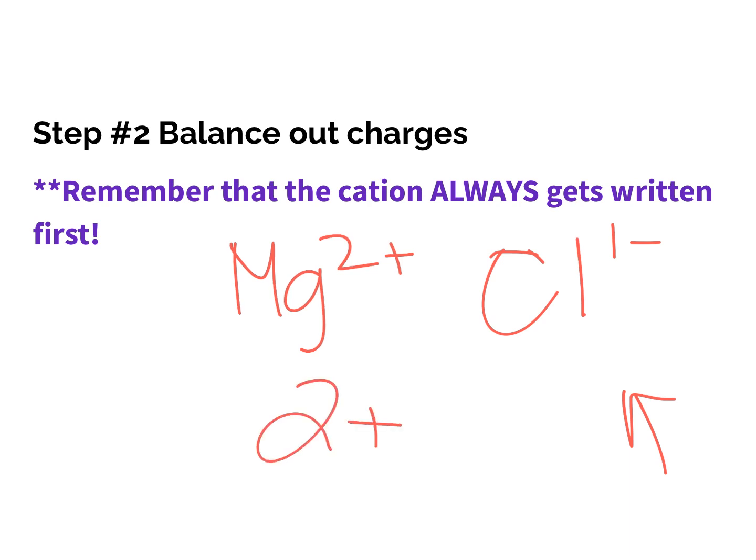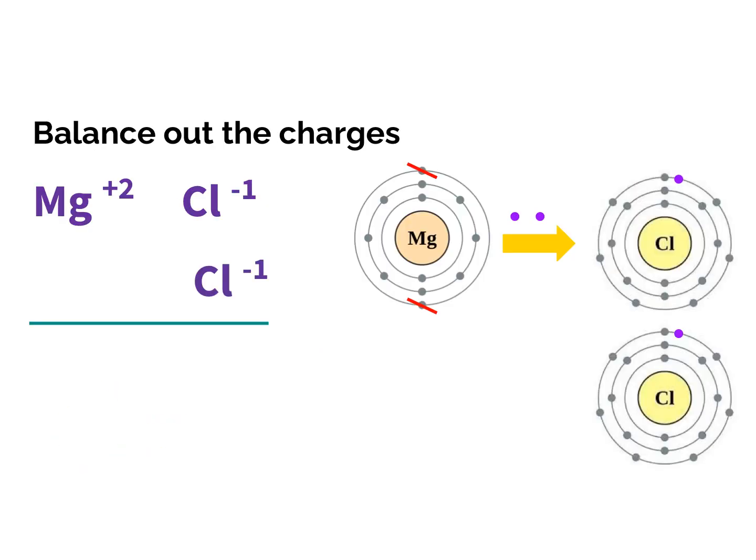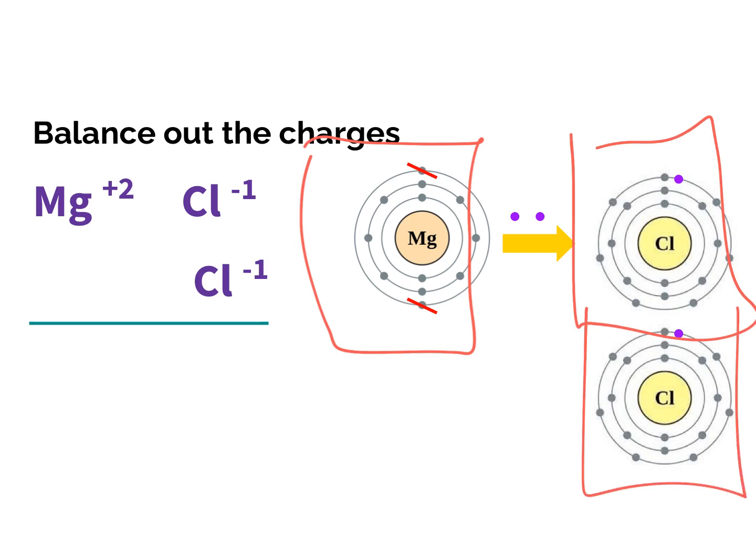Right now we have a 2 plus charge here and a 1 minus charge over here, but we need our net charge to equal 0. Alright, so in order to balance out that plus 2 charge, I have to make 2 Cl minus 1 charges to make them cancel out. So I have my 1 magnesium here, and now I have 2 new chlorine ions.